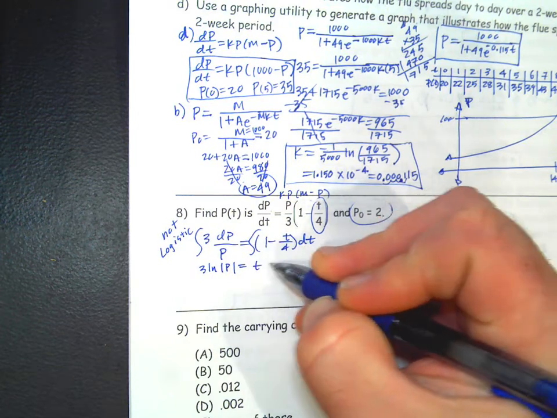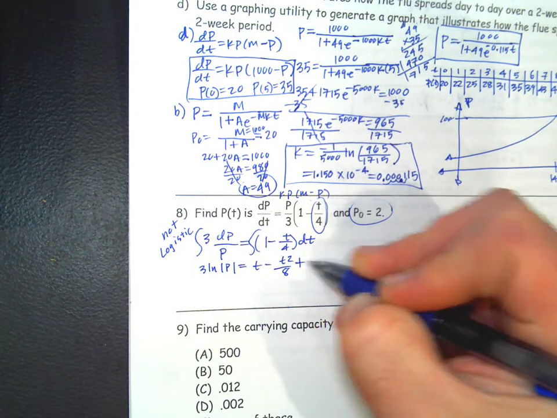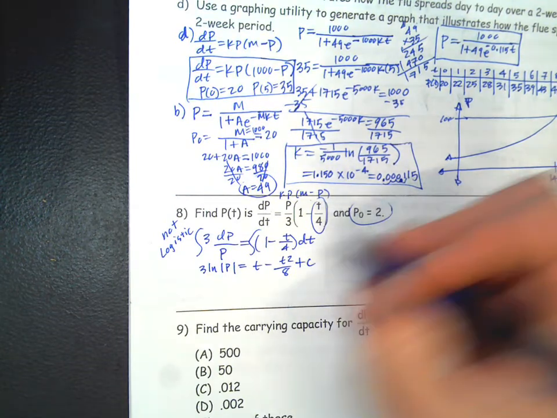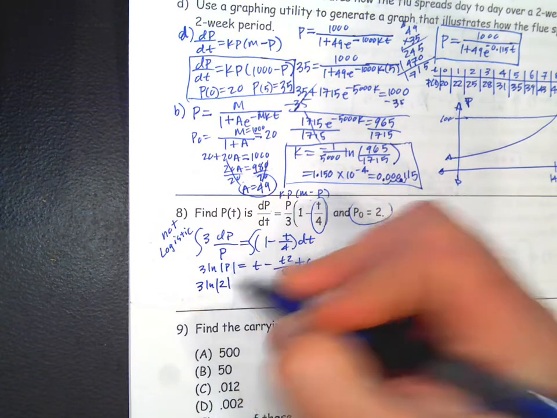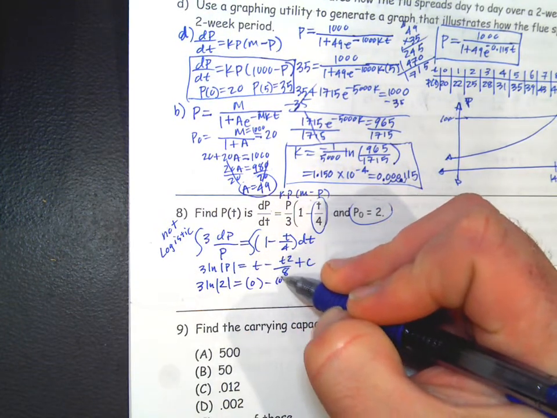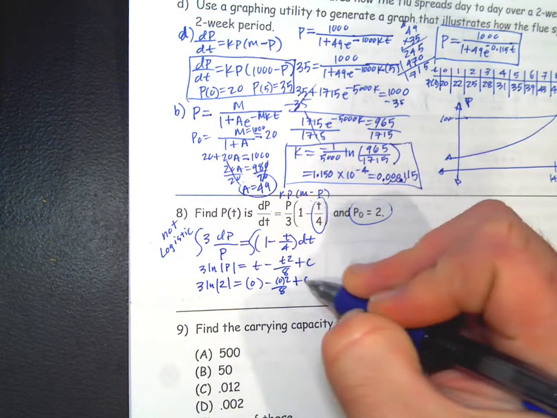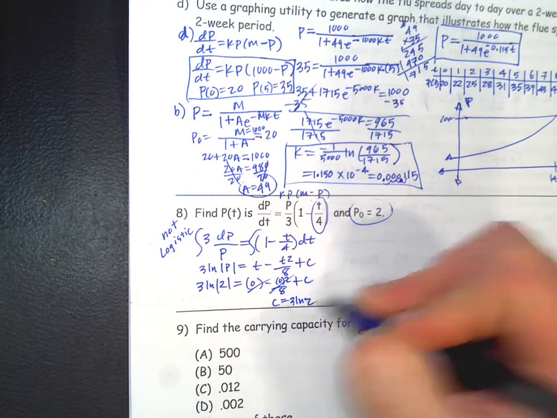This is going to be T minus T squared over 8 plus C. We have an initial condition. Let's go ahead and find it. Natural log of the absolute value of 2. We're going to plug zeros in for the T's. So C equals 3 natural log of 2.